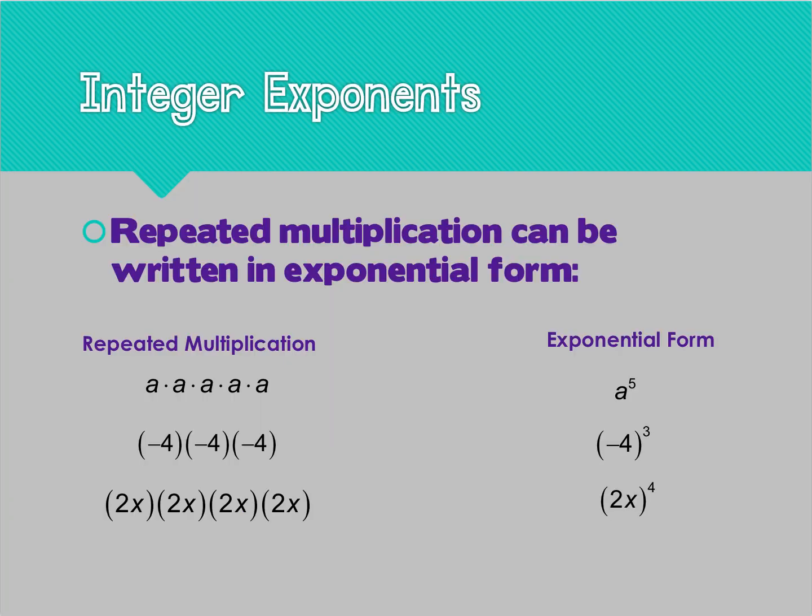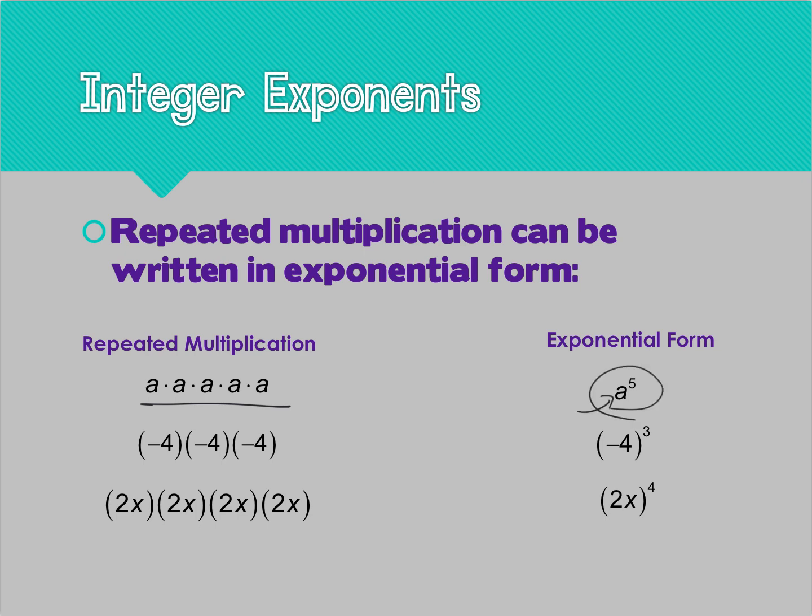And the first thing we're going to do is talk about our exponents. Right now we're going to deal with integer exponents. We know that when we repeatedly multiply something, we can write it in exponential form to shorten it out. If I want to multiply a times a times a times a times a 5 times, instead of writing out a 5 times, I can write a to the 5th power.